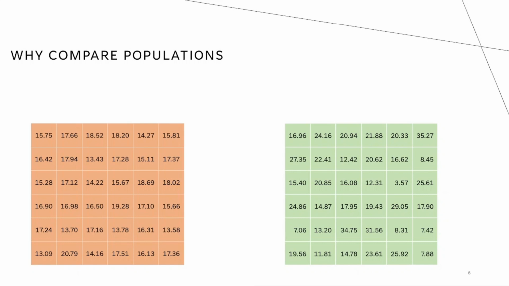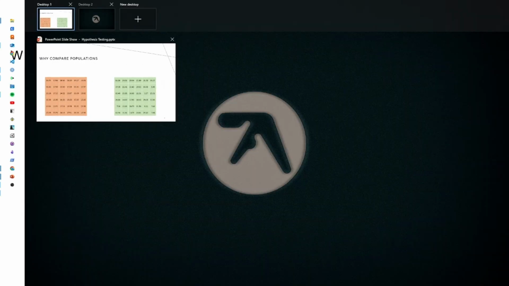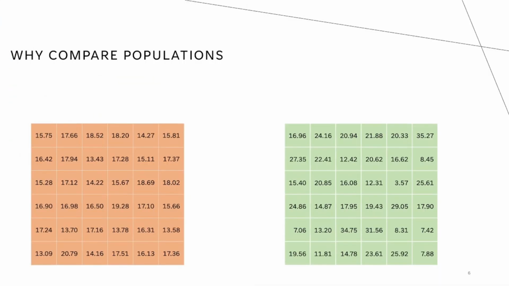An example would be if we considered this an old cement formula, and this is a sample from that population, and then there was a new addition to the formula that they thought would make it stronger, and this is the new formula sample.